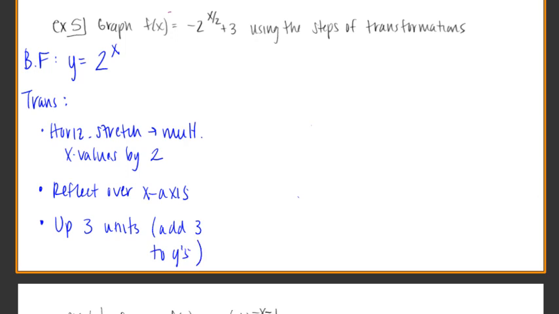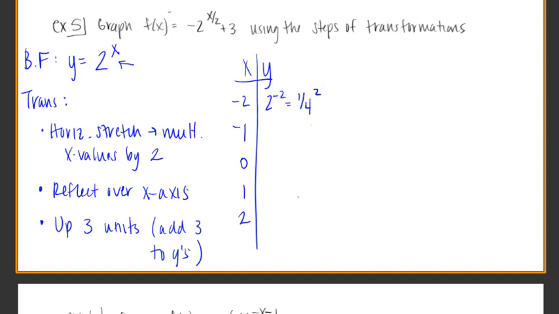Okay, let's start with our original t-chart. And again, we're doing a basic exponential function, so the domain of a basic exponential function is all real numbers, so let's include everything in here. And I'm just graphing the basic function. So 2 to the negative 2, take the reciprocal of that base, so that exponent becomes positive.